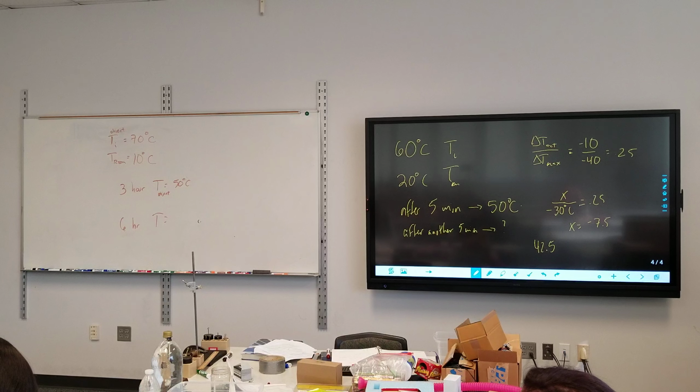So you got the 1, 2, 3. It's going to lose a third of its temperature every 3 hours, or a third of what it was. So now we're at 50 degrees Celsius, it loses 10. So this is going to lose 40.